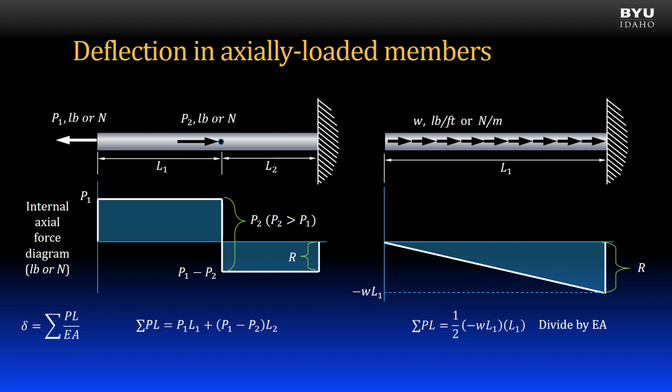Divide the sum of P times L by EA to get deflection. The formula with the integral could also be used to get the same result. P is a function of x, and here is equal to negative w times x. Integrating would give us the same result as before.